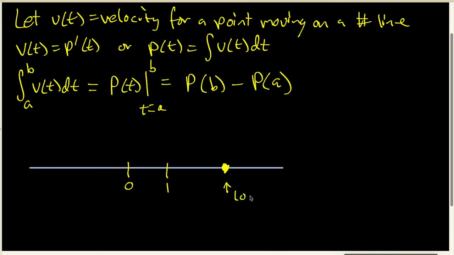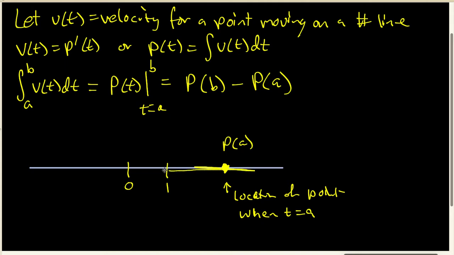So the location of the point when t is equal to a means the coordinates of this would be p of a. And now the point might wander back and forth, and I don't know where it goes.